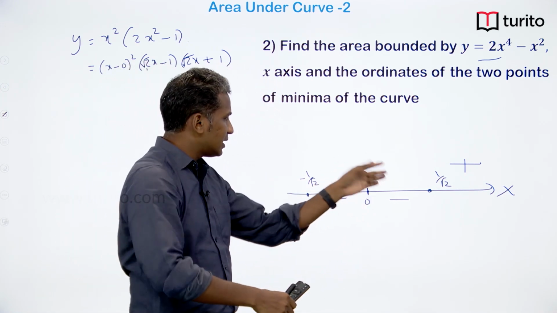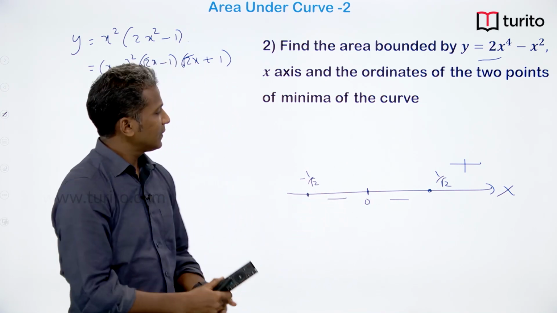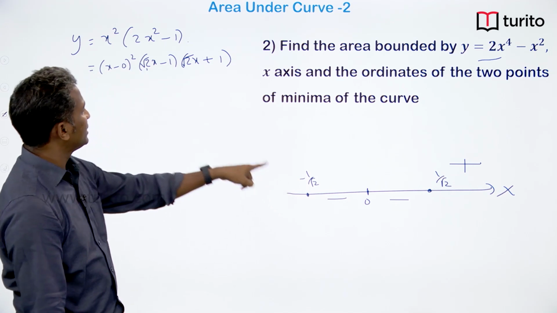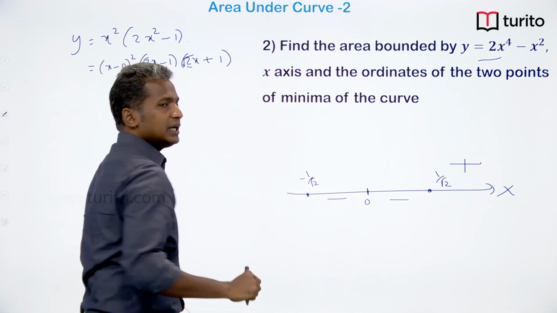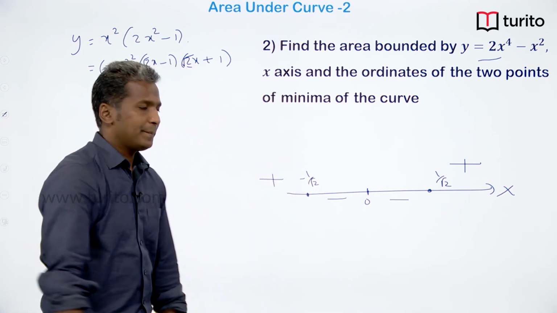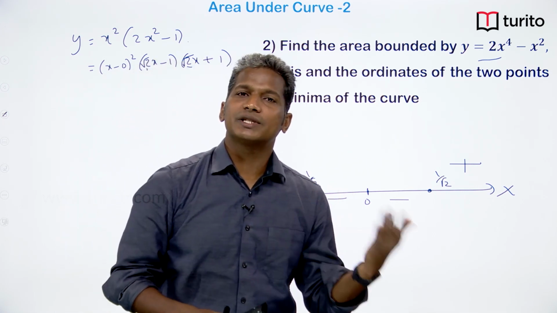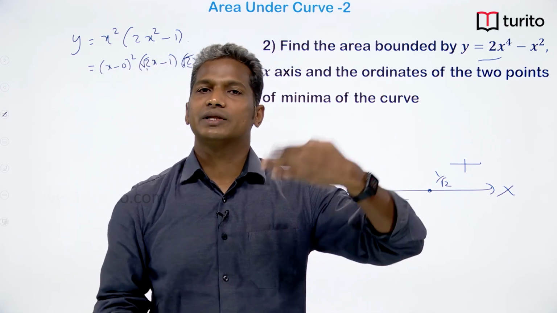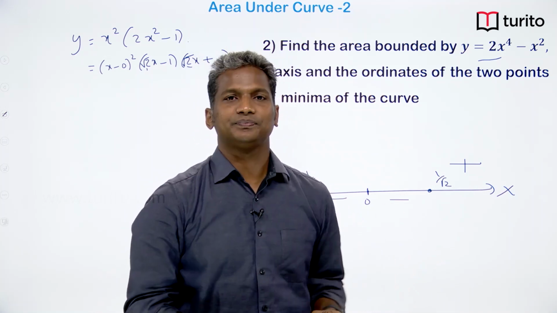That means the right side and the left side both maintain the same sign. And for the other factor, root 2x plus 1, there is only odd power, so sign change will occur. With this I have put signs. What is the meaning of signs? Plus sign means the graph is above the x axis, minus sign means the graph is below the x axis.